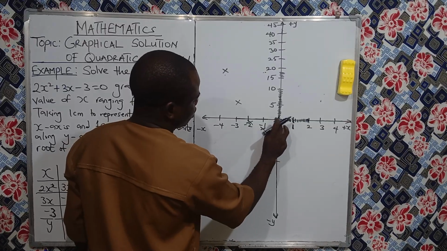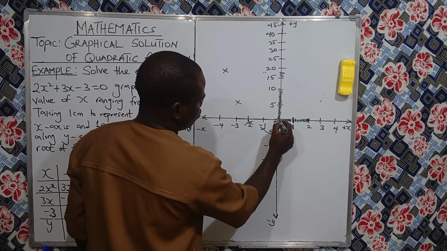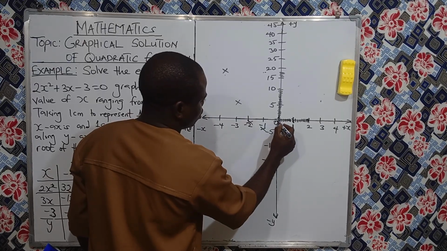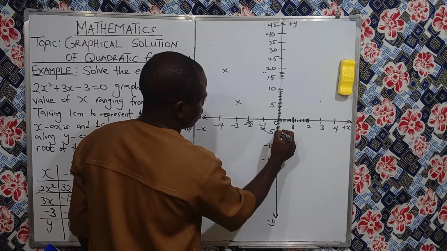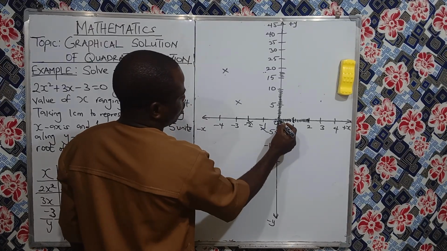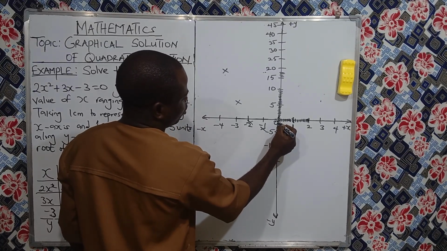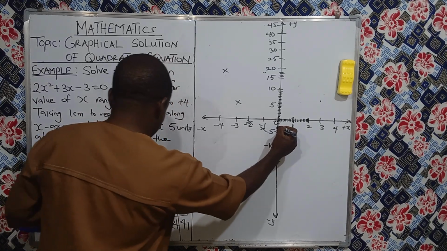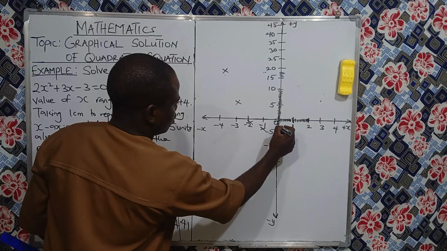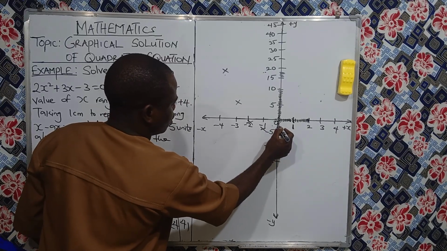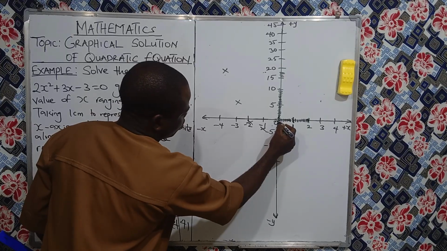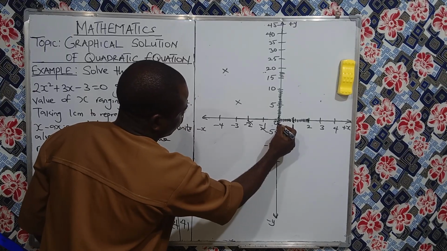Is that okay? Count 10 lines. Let's do it very well. 1, 2, 3, 4, 5, 6, 7, 8, 9, 10. Minus 0.5, minus 1, minus 1.5, minus 2, minus 2.5, minus 3.